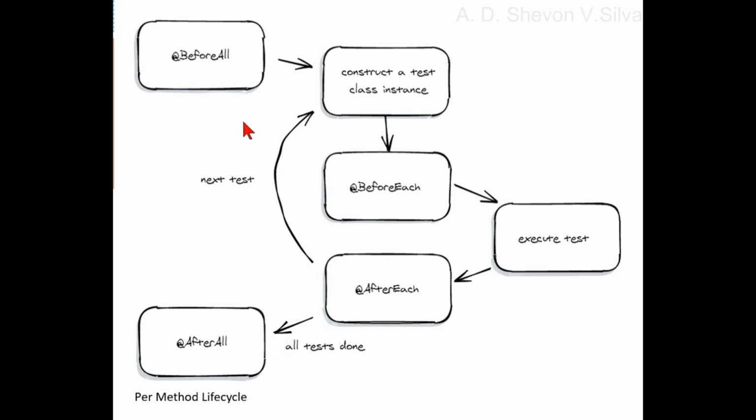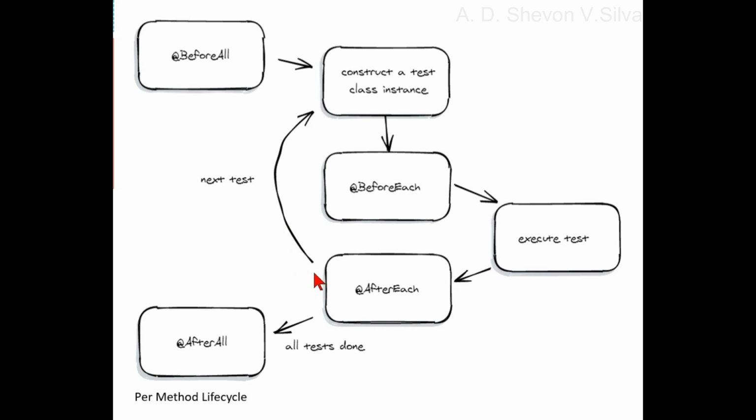Here @BeforeAll is connected to construct test class instance, and construct test class instance is connected to @BeforeEach, and @BeforeEach is connected to execute test. Execute test is connected to @AfterEach. @AfterEach is connected to construct a test class instance.